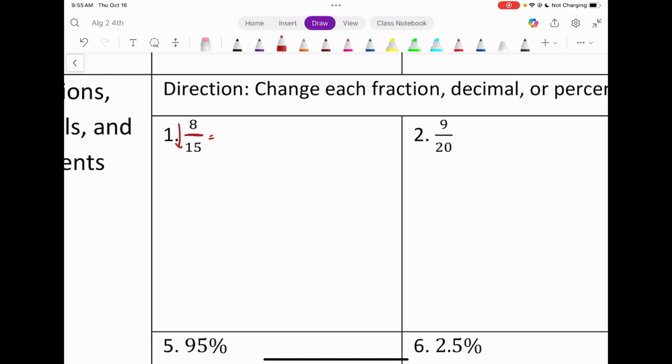And as you divide, make sure you divide top by bottom. So this would be typed in as 8 divided by 15, and that gives me 0.53, and then the 3 repeats. To change that same thing to a percent, we simply move our decimal over twice, and that'd be 53 point, and that 3 continues going on forever, and that'd be as a percent.